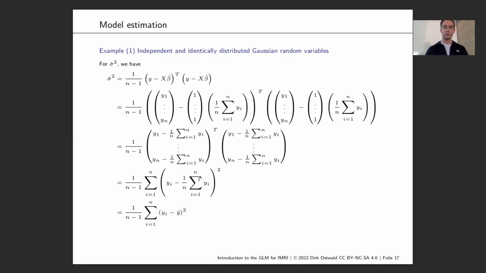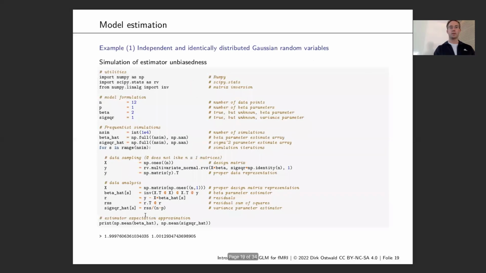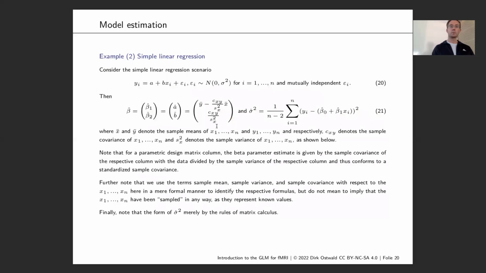So yi minus the sample mean, and with the sample mean, of course, you often write the sample mean also as y bar, and then you're already done. So p is 1, so you have n minus 1. So these are things that you of course know, and you might also know then that in simple linear regression there is this way that you can write the slope and offset parameter estimates in terms of the covariances and the variances, which also, of course, relates to this general understanding of the parameter estimates.